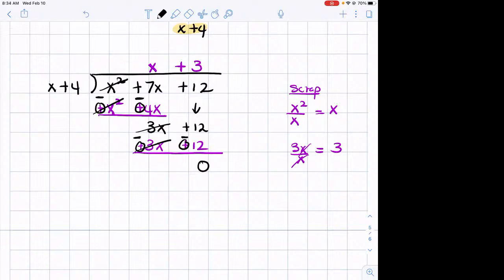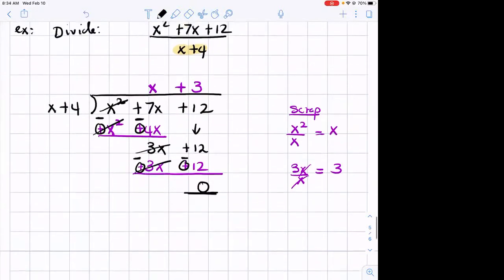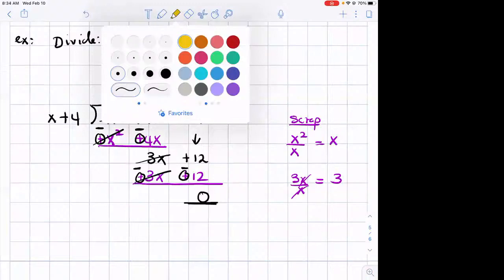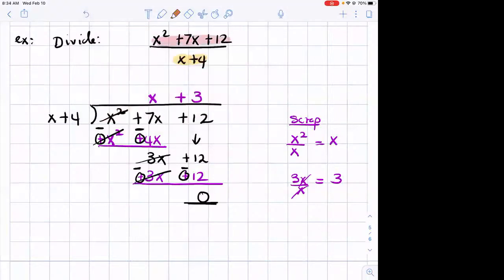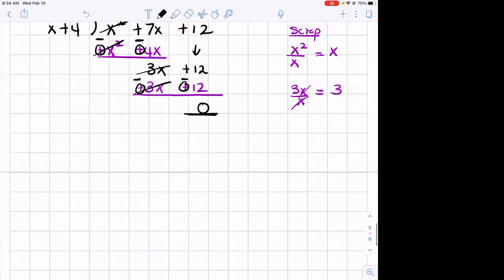Now notice you have a 0 remainder, okay? And I said to you, if you have ever divided and get a 0 remainder, it implies that this here could have been factored, which we saw before. So our answer here, x squared plus 7x plus 12 divided by x plus 4 is equal to x plus 3.